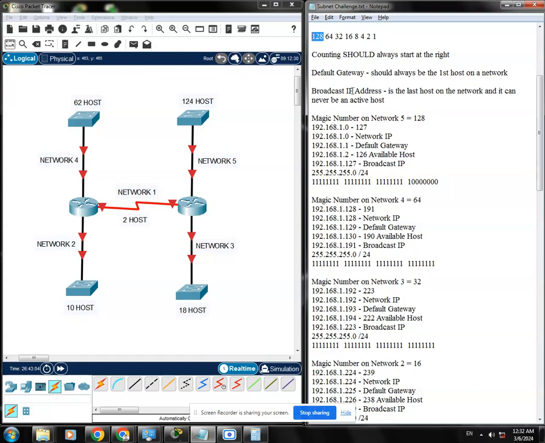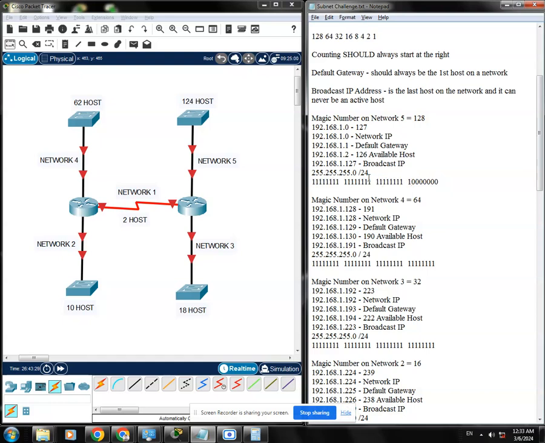This is 1. All right, and then we need to count from the left. Starting here: 1, 2, 3, 4, 5, 6, 7, 8, 9, 10, 11, 12, 13, 14, 15, 16, 17, 18, 19, 20, 21, 22, 23, 24, and then 25.